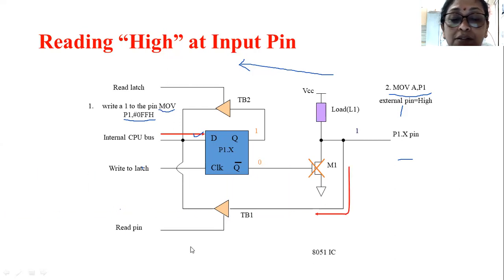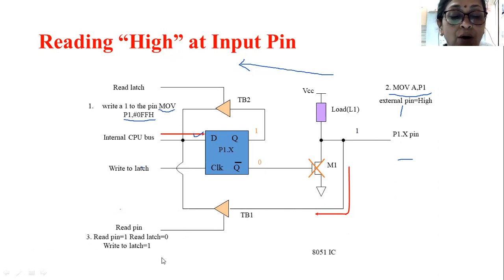Now what happens? What you can see, this logic 1 is applied to TB1. What is TB1? It is the buffer of the port. So if 1 is inputted to the buffer, the output of the buffer will be 1.